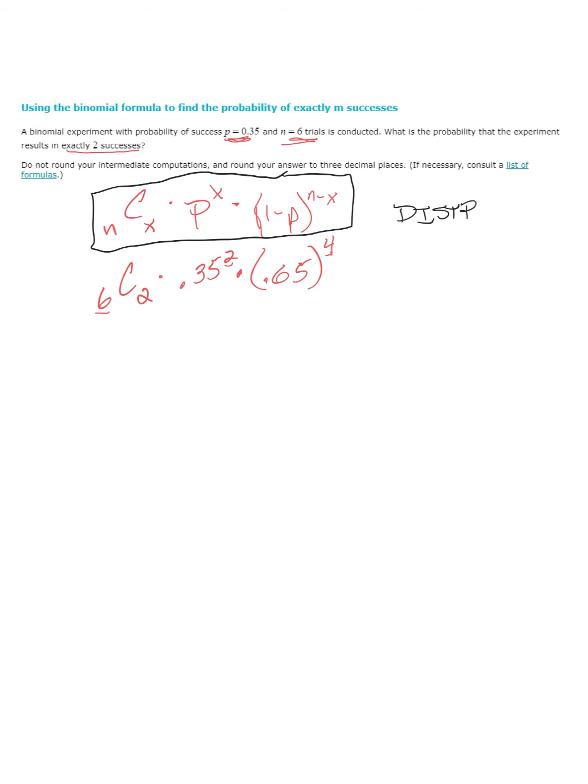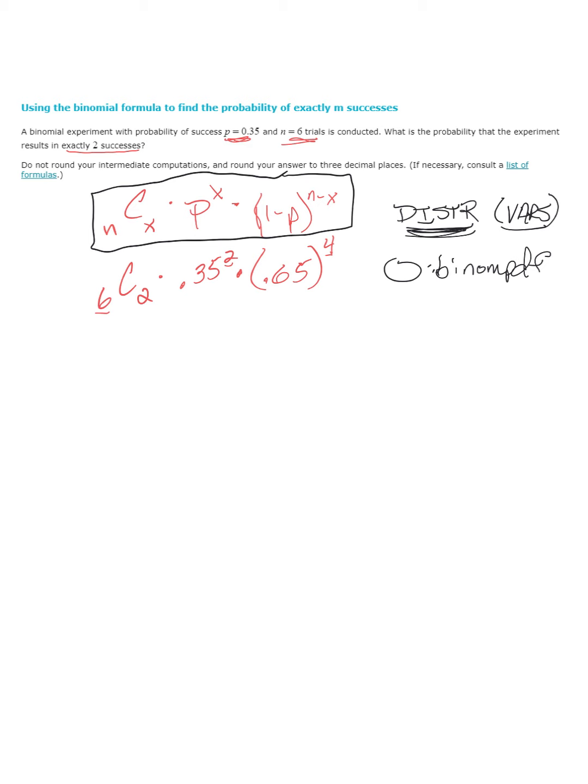It's actually above your vars button. So you want to hit second vars and get to this menu right here. And then if you scroll down to, I think, the number 0, you're going to see binomial or binom PDF.